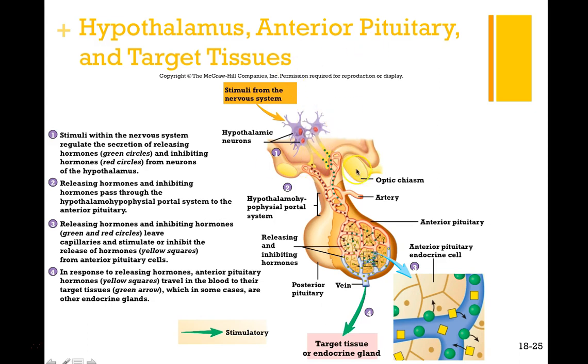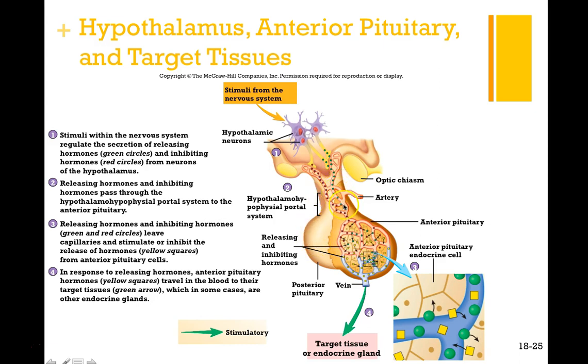So our releasing hormones, which are represented by these green circles, will travel down through the hypothalamo-hypophyseal portal system. And we are talking about the system that is headed over to the anterior pituitary gland. We will have another system or tract in place for our posterior pituitary gland.